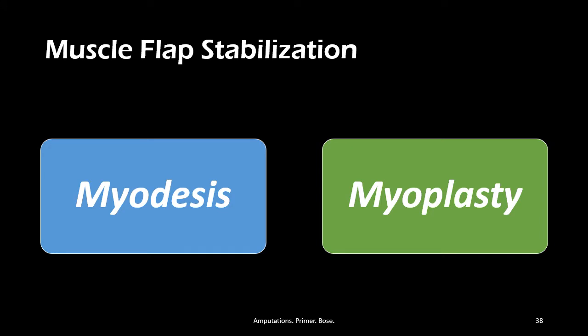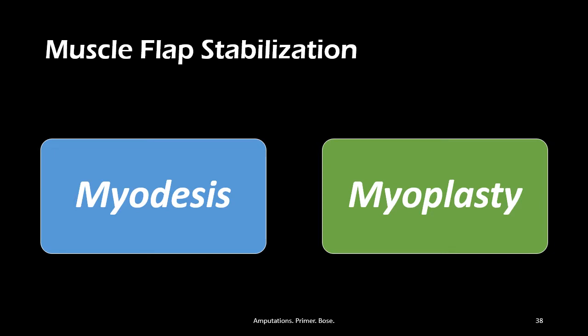Myodesed muscles provide counterbalancing of antagonists, thus optimizing function and reducing complications, for example, contractures. However, the drawback of myodesis is that it cannot be done on ischemic sites.